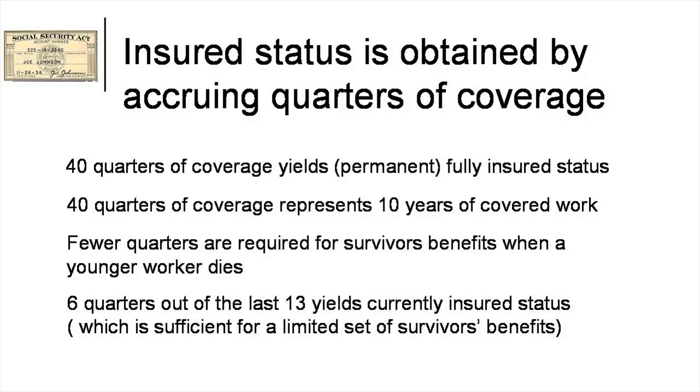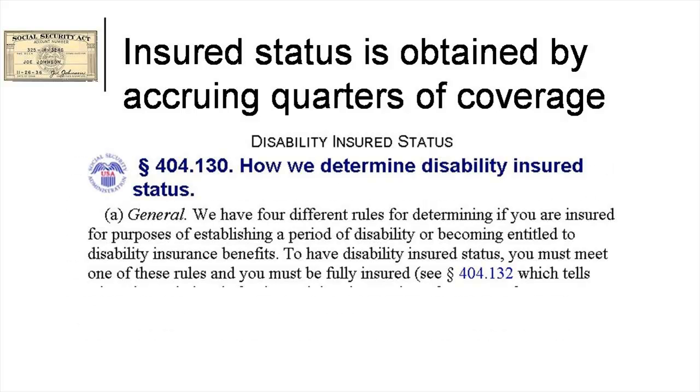A limited set of benefits are available to the survivor of a worker who was not fully, but was nonetheless currently insured. These include survivor's benefits for children, benefits for a surviving spouse caring for children, and lump sum death benefits.